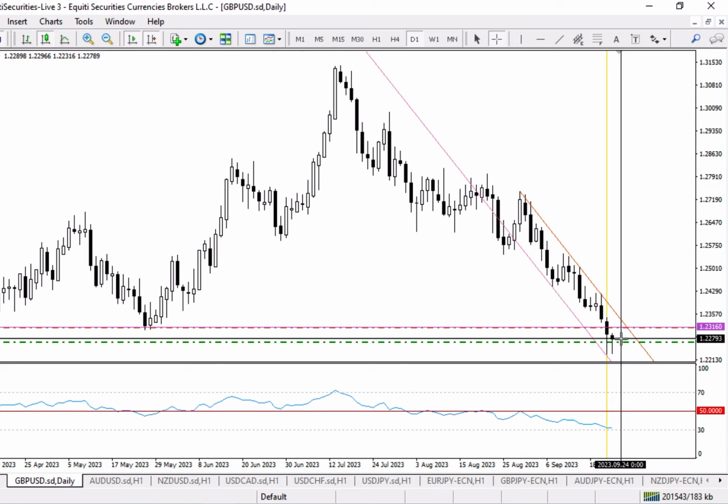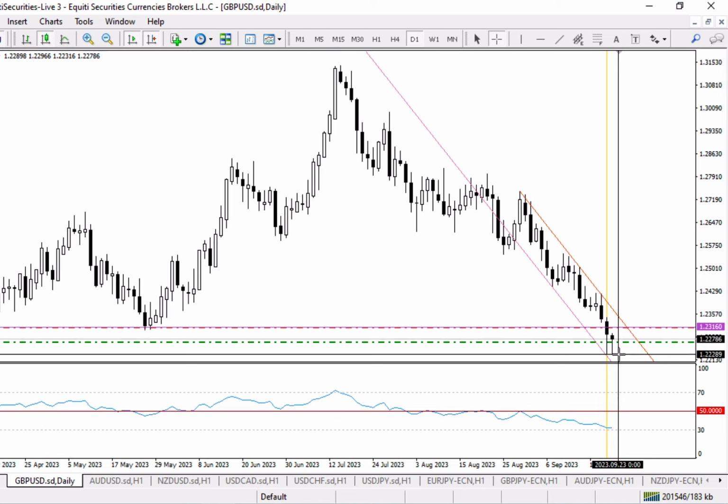But if it closes as a bullish body, this will become a hammer. Obviously, a hammer is a candle pattern which will be proven invalid only if any other candle closes below it. So I'll wait for any other candle closing below this hammer to invalidate this setup, and then I will close the position at a loss.